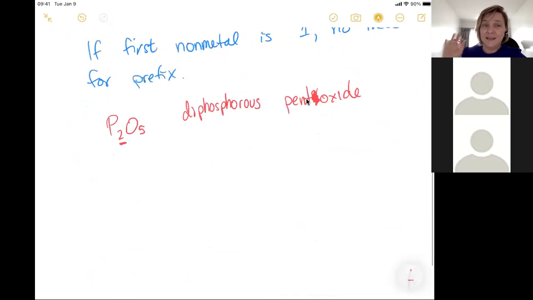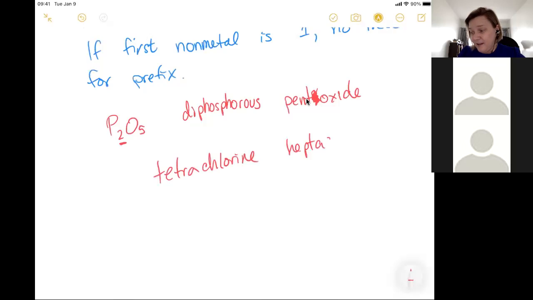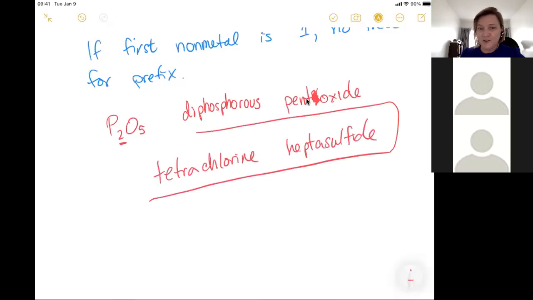This should be the easiest of all of them, because the name is literally instructions on what the formula is. If I say tetrachlorine heptasulfide, I'm just making stuff up now. Tetrachlorine heptasulfide. This is not actually a compound.